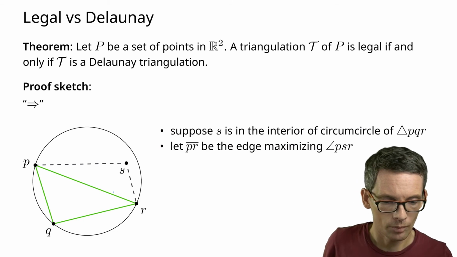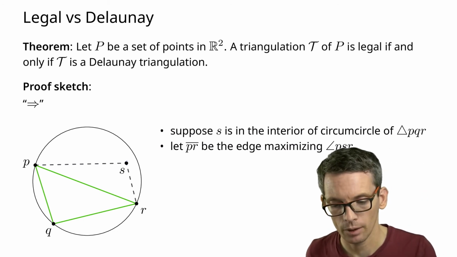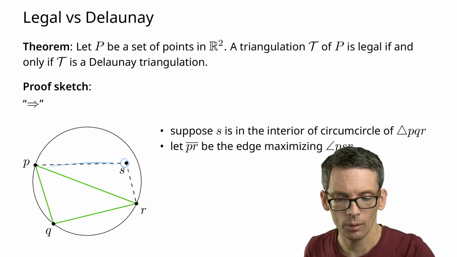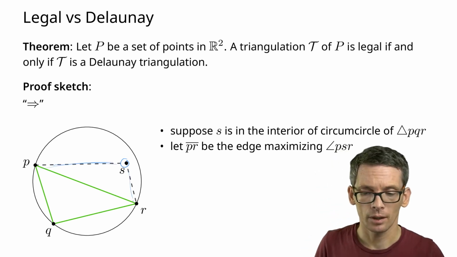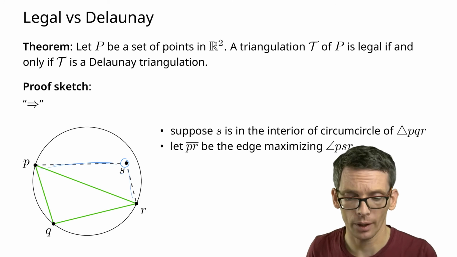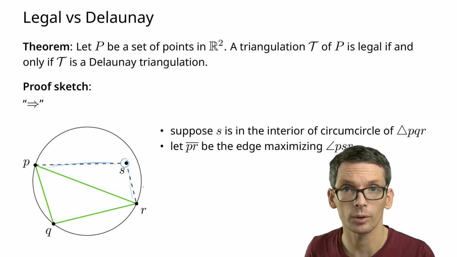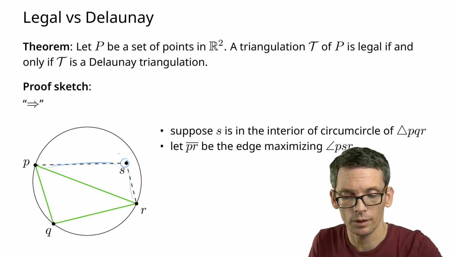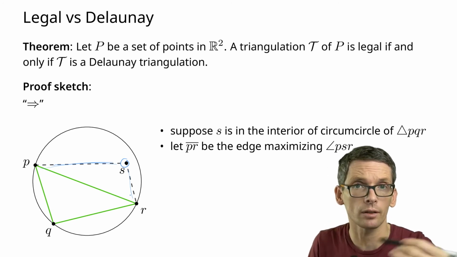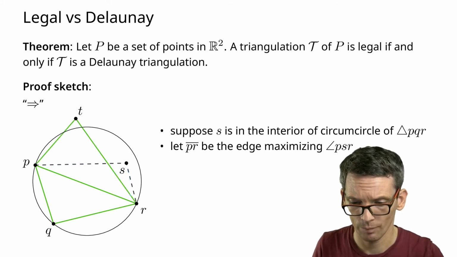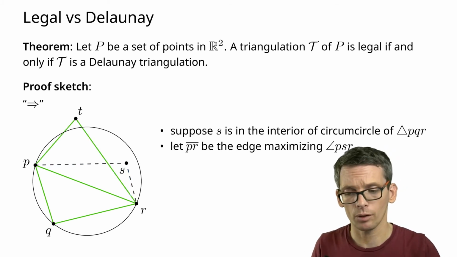Let's assume I have this point S in the interior, but I do not have this triangle. What I want to prove is that also for legal triangulations, there cannot be a point here in this circumcircle. If it's a neighboring point, so if I have these edges, then obviously it's not legal and I'm fine. The problematic case is if there's something in between. Could I have a setting like that?